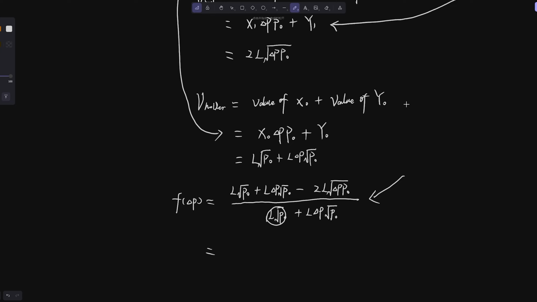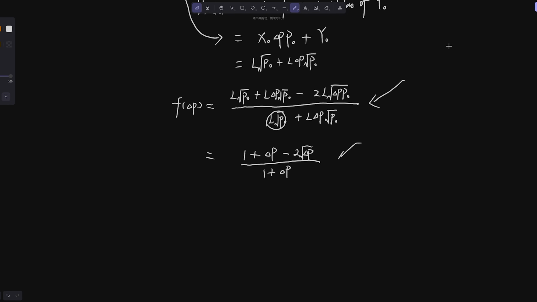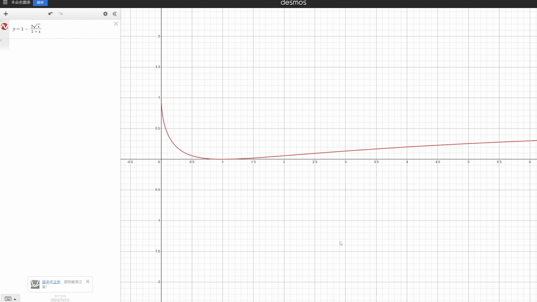And finally we have this formula, and we can further simplify it to this formula. Now we have the final formula of impermanent loss.